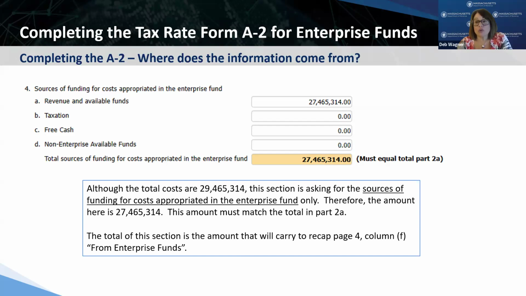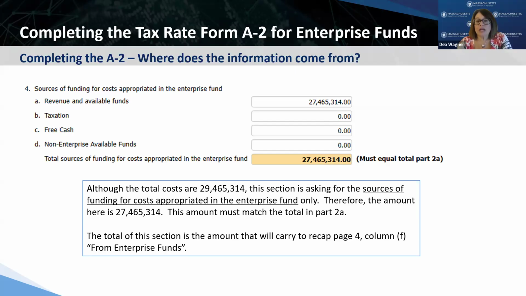So that's Part 2A. Therefore, the amount here is $27,465,314. This amount must match the total in Part 2A. And it's this amount that gets carried to recap page 4, column F, from enterprise funds.